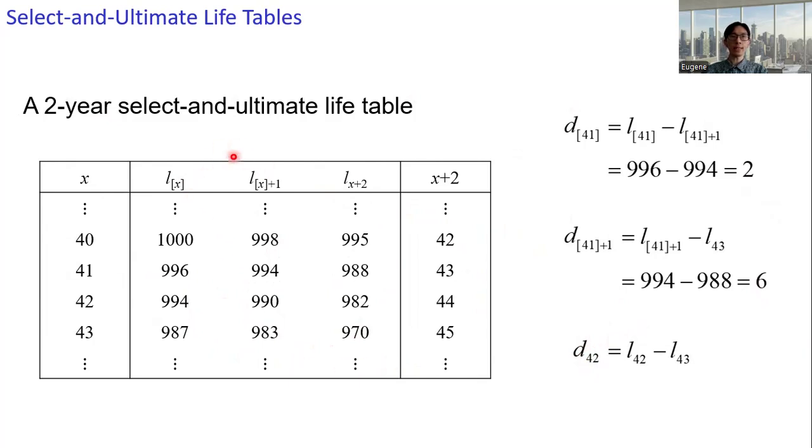These two columns are for select lives, so we need to find the numbers in the last column here, l_x+2. l_42 corresponds to this row. The value is 995. And then l_43, 988. And we get d_42 equals 7.